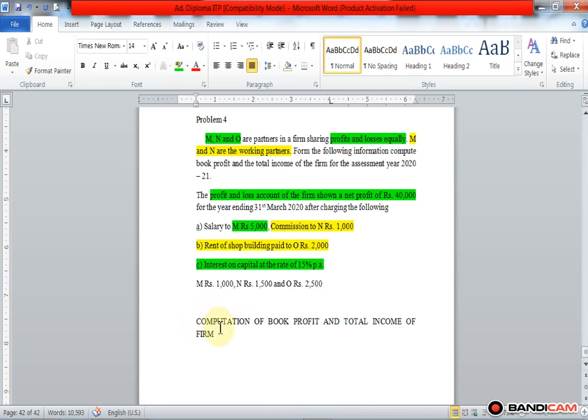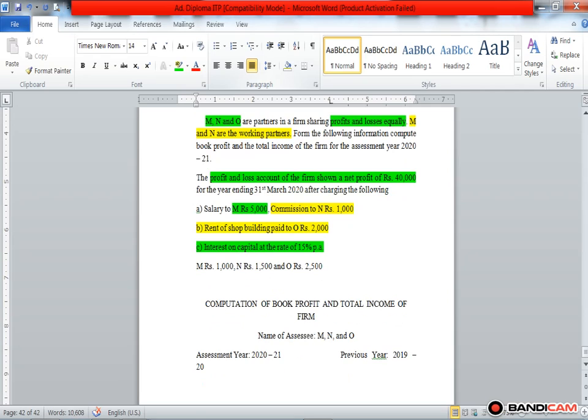The name of the assessee is not given, so M, N and O. Then assessment year 2020-21, previous year 2019-20.